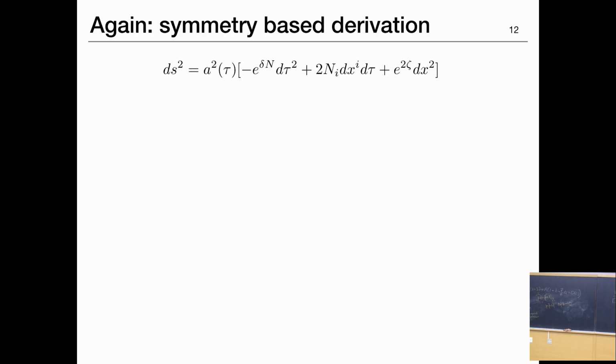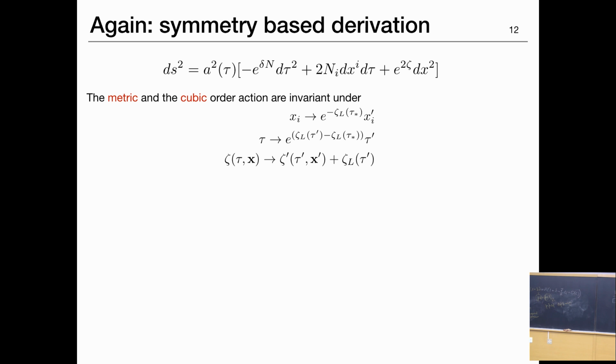For that, I will use the recipe used by Creminelli and Zaldarriaga, and I will start with the metric. This time, we know that the metric is invariant under the following change of coordinates and fields.